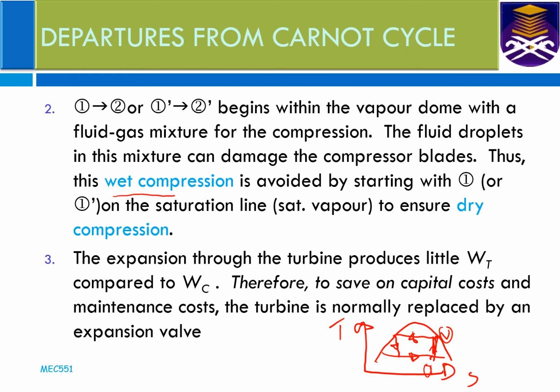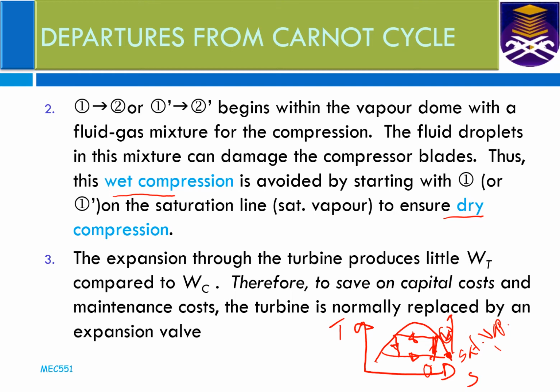So the compressor has to be ensured to be in dry conditions. Thus the starting point for the compressor has to be at least at the saturated vapor region, to make sure that the compressor is only working in the single phase condition. Otherwise your rotating equipment has to work in the two phase condition, and rotating equipment cannot work with two phase conditions.